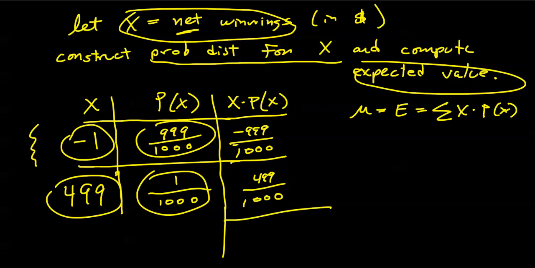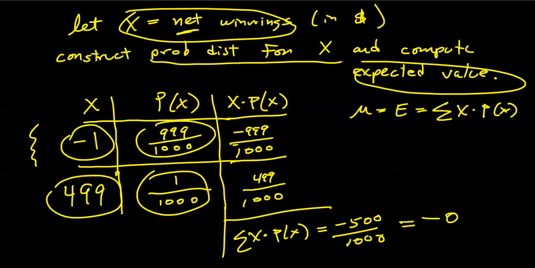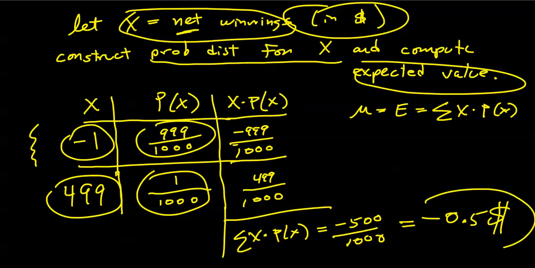If I add this third column now, the summation of x times p of x, minus 999 plus 499 over the common denominator of 1,000 gives me negative 500 over 1,000, which of course is negative 0.5. Negative 0.5 what? Negative $0.50. Remember, your x values are in dollars, so your expected value will also be in dollars.